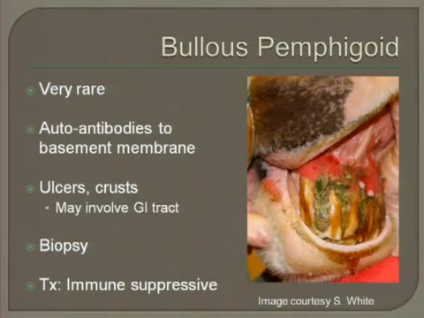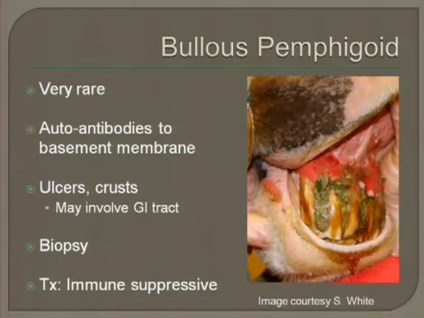Bullous pemphigoid. Thankfully, bullous pemphigoid is very rare. This is an autoimmune condition that is caused by autoantibody formation directed against components of the basement membrane. So you get these ulcers and crusts that can be in the mucocutaneous areas, but they can also involve the GI tract.